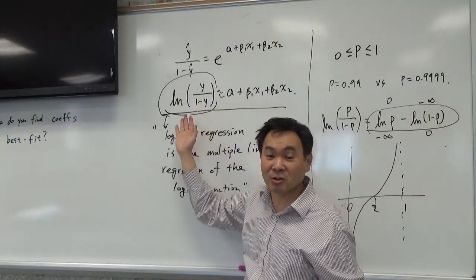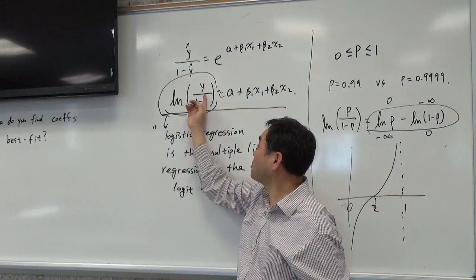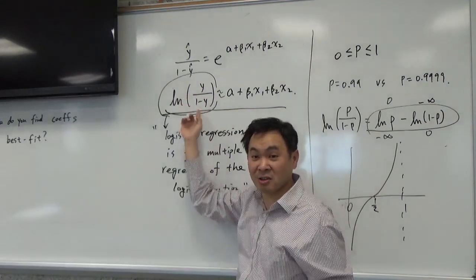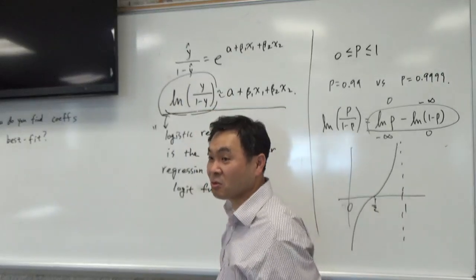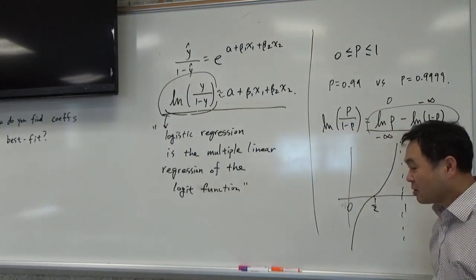It doesn't give you a value. ln of 0 is negative infinity. If you plug in 1 here, then you get infinity in the fraction. So it simply doesn't work. So that's a no-no.